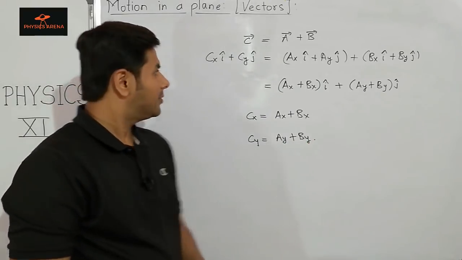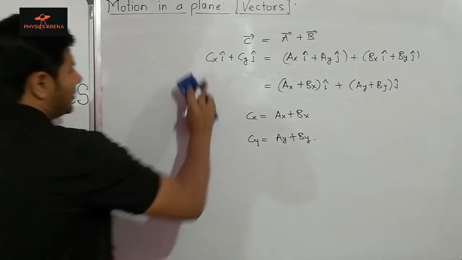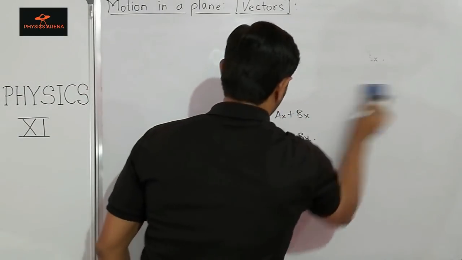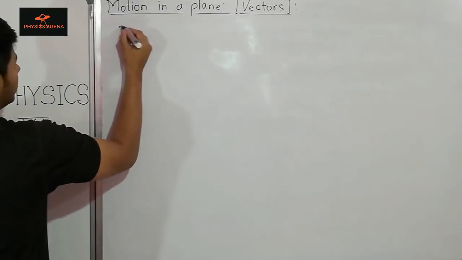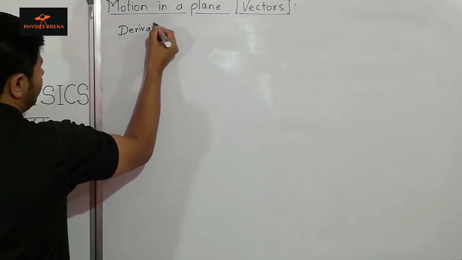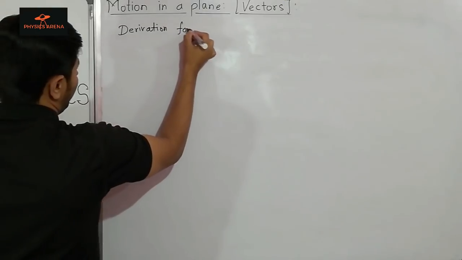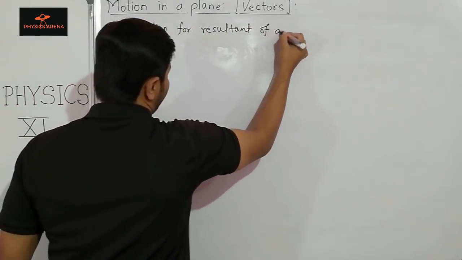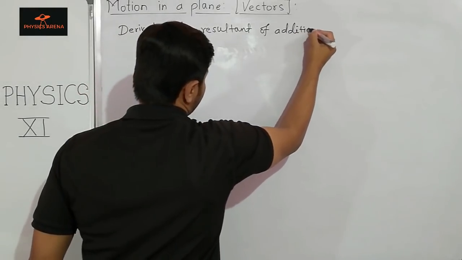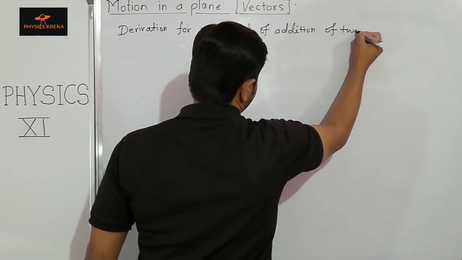Now let us see the derivation for the resultant of the triangle law of vectors addition. So, derivation for the resultant of addition of two vectors.